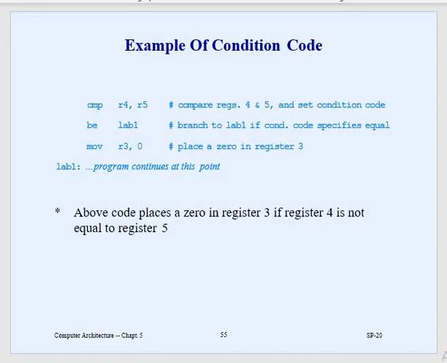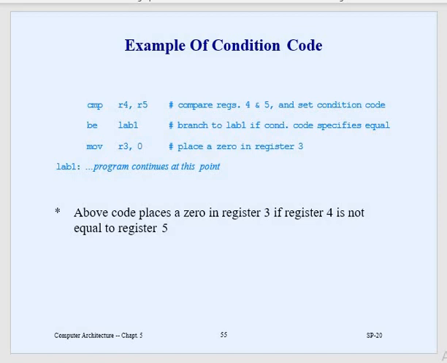And BE means branch to lab 1 if the condition code specifies equal, that is, if it satisfies the condition, then it will begin the lab 1 branch. Otherwise, it will move a 0 value into register R3, and the program continues at this point.